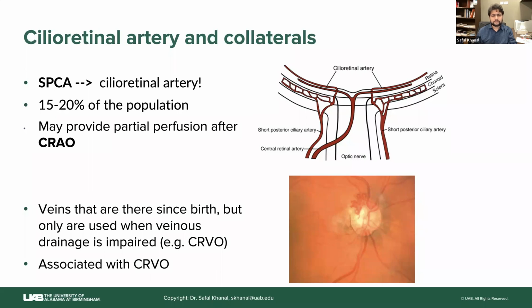So it gives rise to a typical pattern in the fovea. Then there are veins that are present since birth, but they are only used when there is a blockade of venous drainage. These veins are called collaterals, and these are normally associated with central retinal vein occlusion.